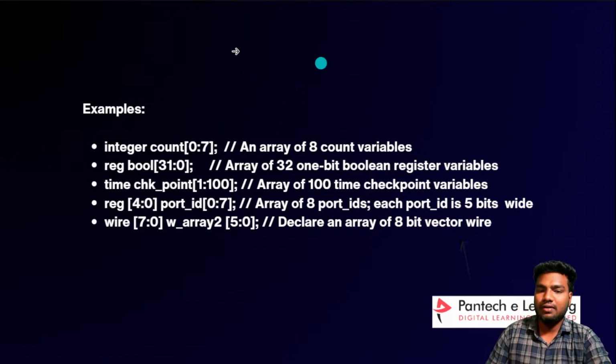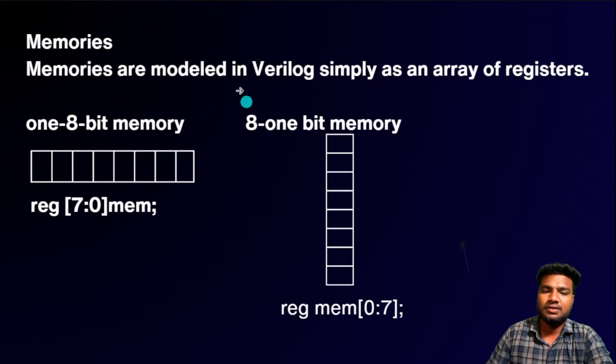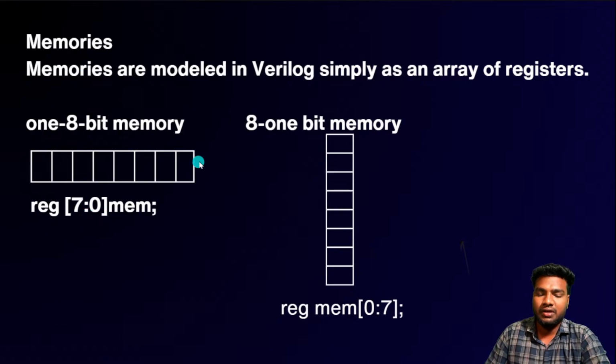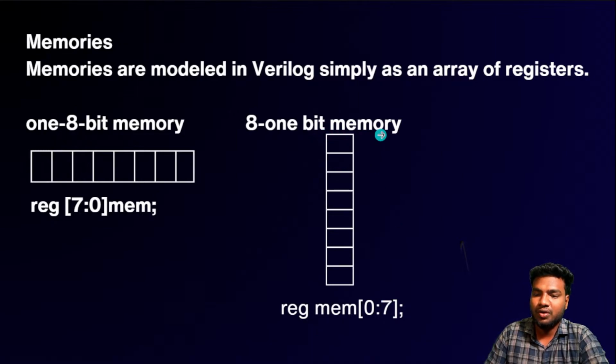So this is the example for the arrays. If you write reg 7 down to 0 mem, it means it has 8-bit memory. If using reg mem 0 down to 7, it means it has 8 memory locations: the first memory location, second memory location, third memory location, like this.